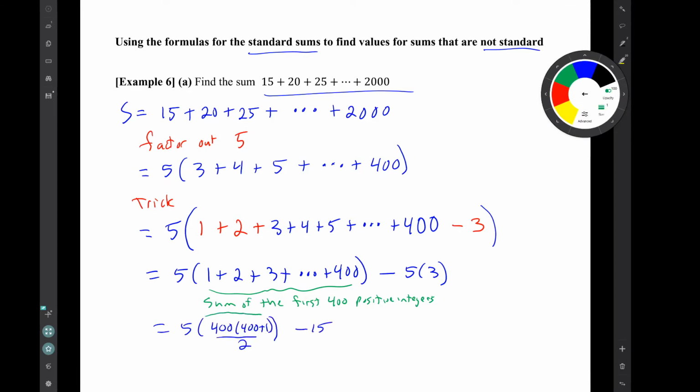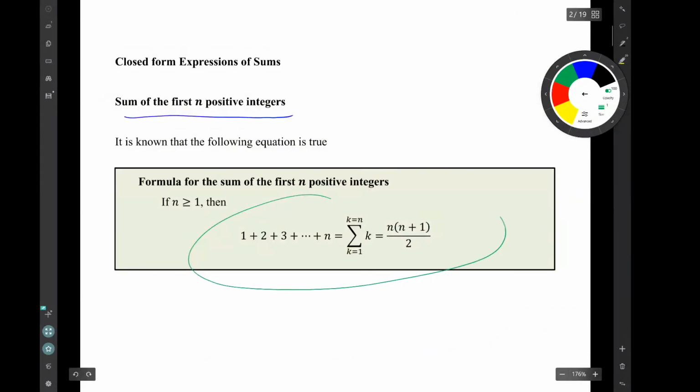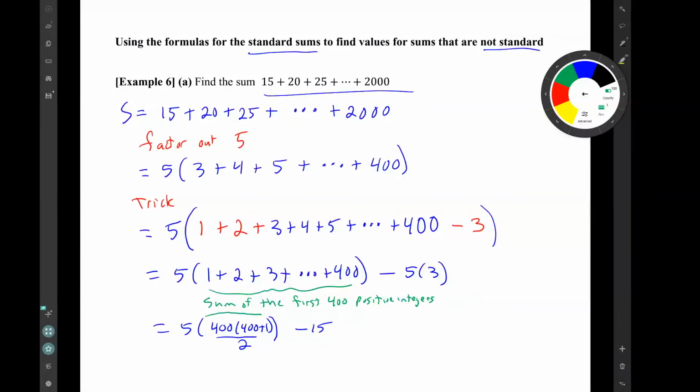So on this line, I used that equation here to replace this expression, the sum of the first 400 positive integers, with this expression, 400 times 400 plus 1 over 2. Now we can do this arithmetic.